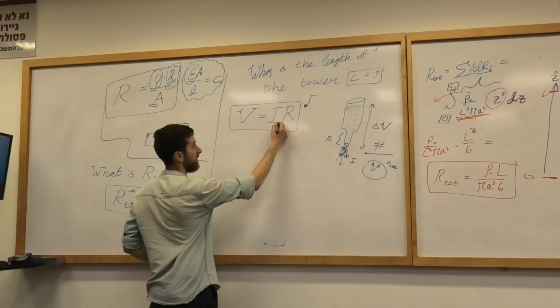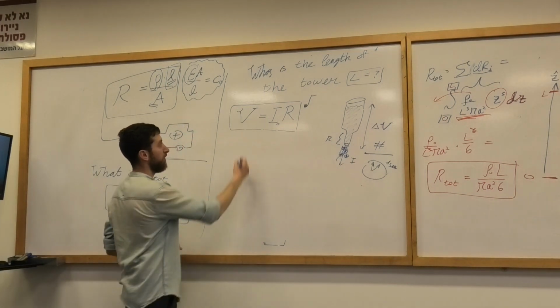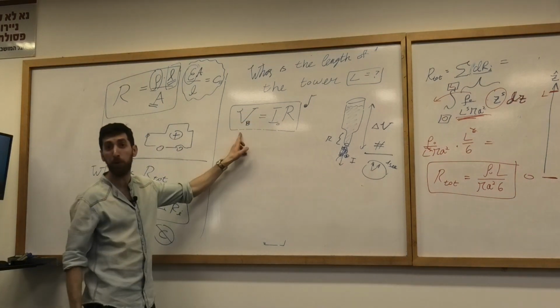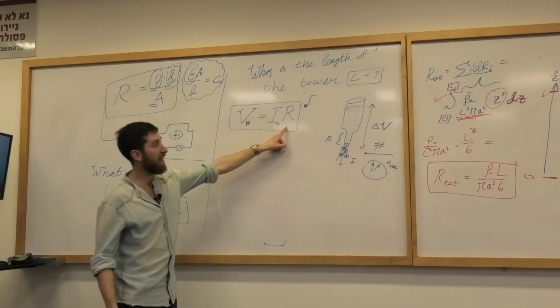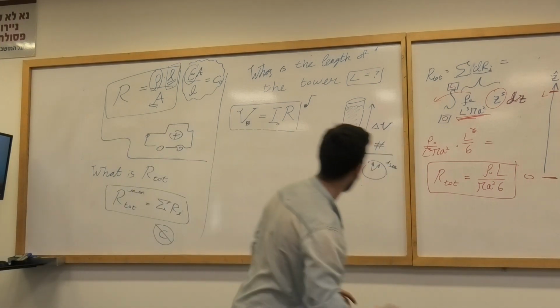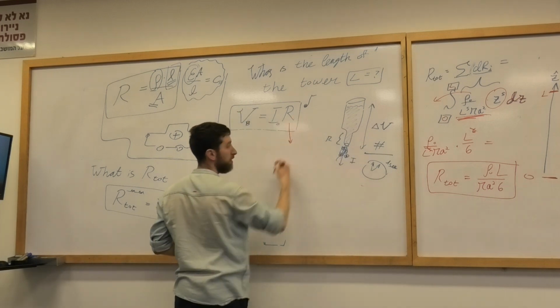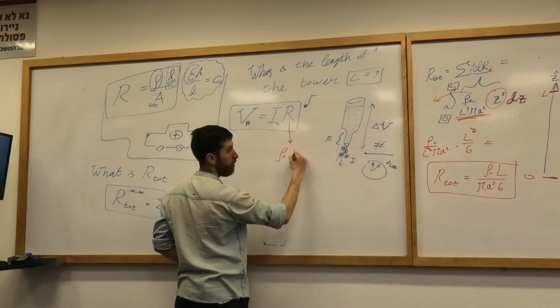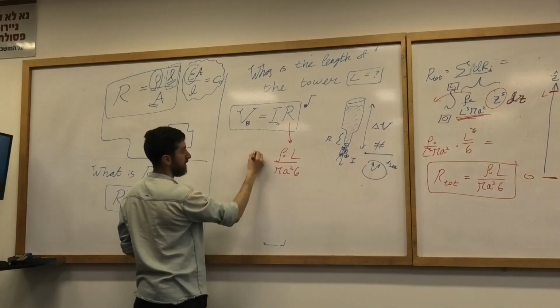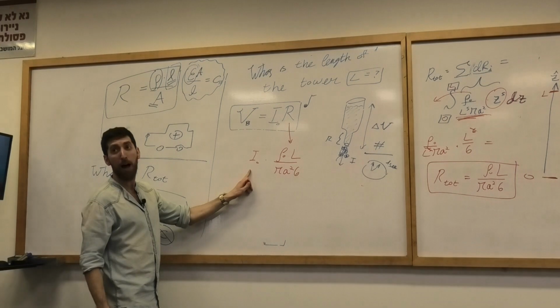The ampermeter gives us this thing. The voltage is the battery that we use. Let's call it VB, the battery we buy to measure it. And now we just found a term that holds everything inside. This is R. We know it to be rho L over pi A squared multiplied by 6. We know the current from the ampermeter.